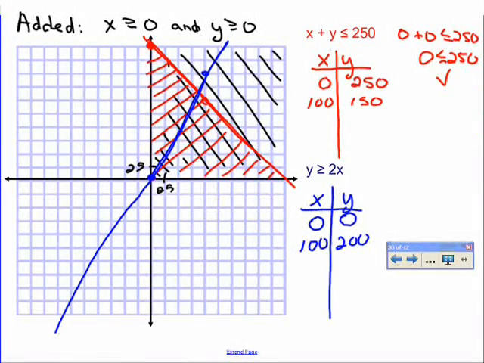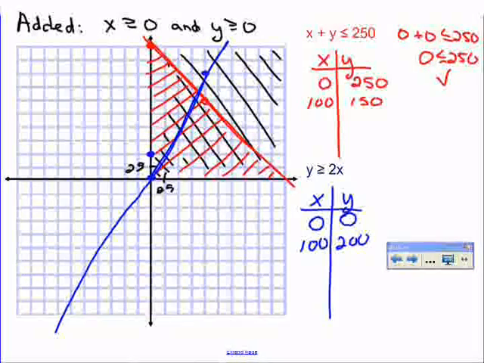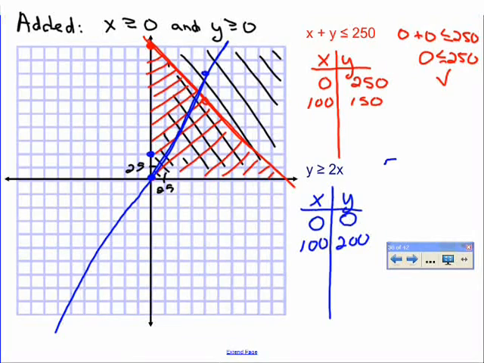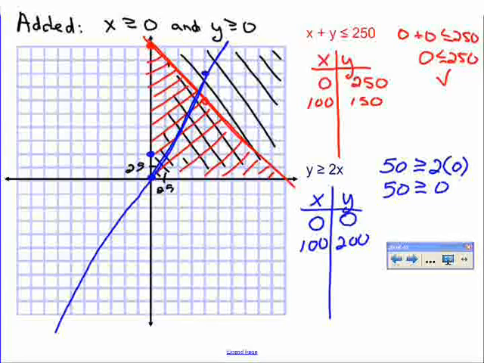So if we choose 0, 50, because that one's not on the line, we're going to test the inequality to see if in fact 0, 50 satisfies that particular inequality. So we would have 50 for the y. Now we're asking the question, is 50 greater than or equal to 2 times 0? So if we look at this, 50 greater than or equal to 0, this is in fact true, it's verified. And so we must shade towards the test point.